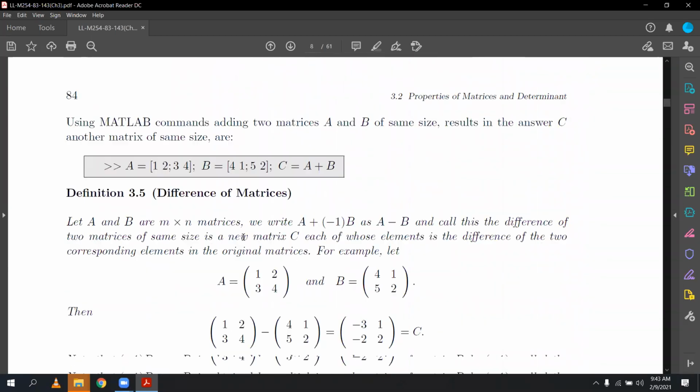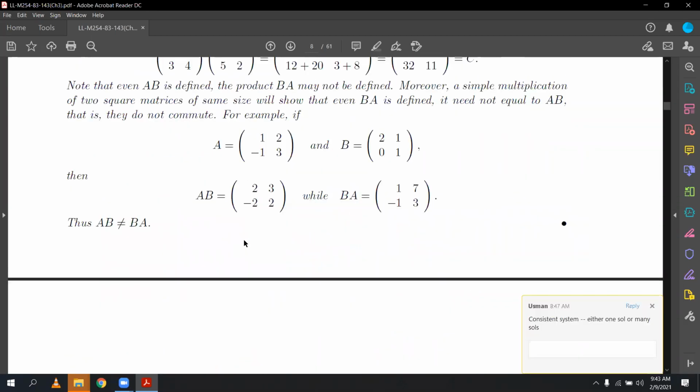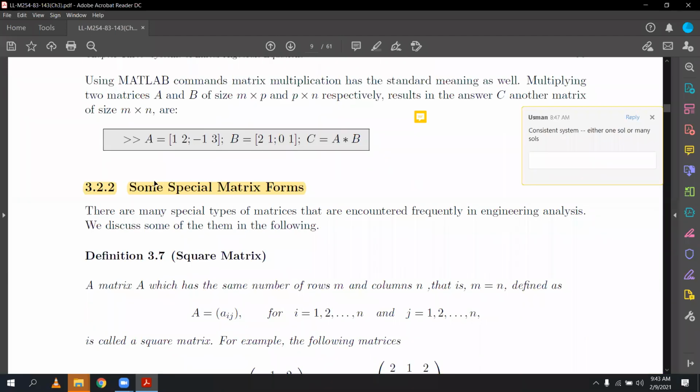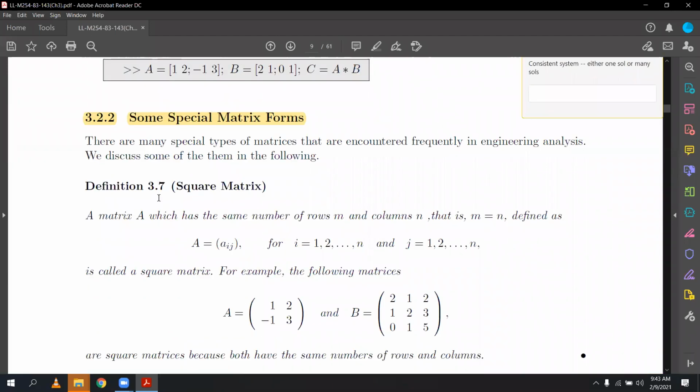So in the special matrices case, whatever special matrix I give you, it must satisfy this condition: square matrix. And the square matrix will take us to the non-singular idea here.